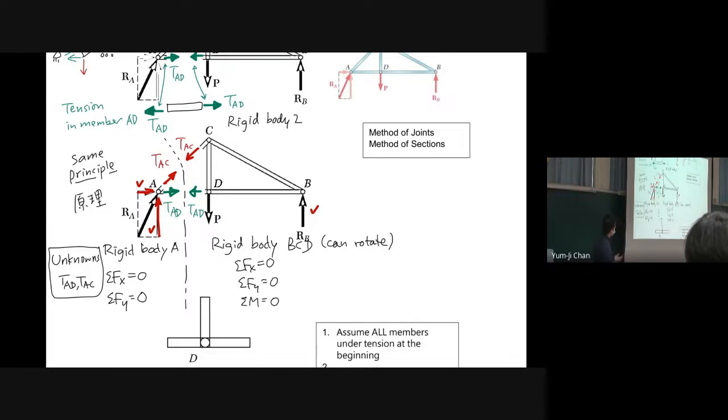So we have two unknowns, so we only need two equations to determine the unknowns. So we would determine TAB and TAC using this method.